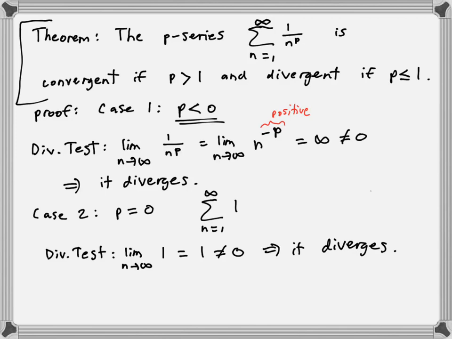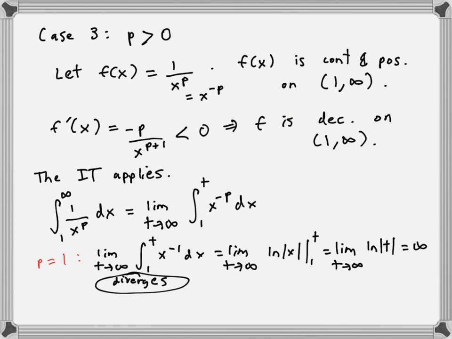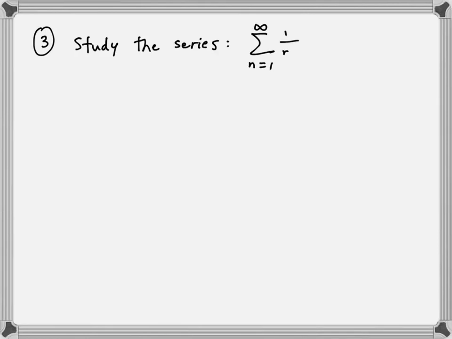Okay, so let's do a quick example here. I think we're on example 3. We're just going to practice using this p-series test. So study the series, a summation from n equals 1 to infinity of 1 over n squared.